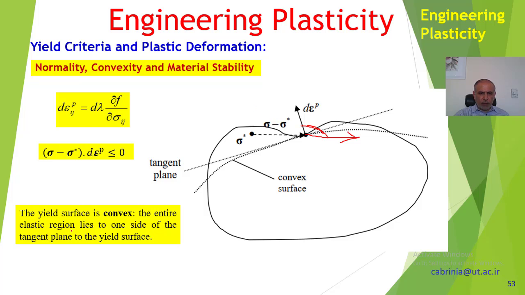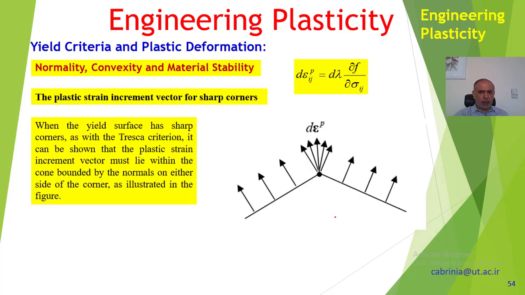Okay, so the entire elastic region lies on one side of the tangent plane to the yield surface if the yield surface is convex, which is the correct one. But if it is concave, as we can see according to the Drucker postulate, this becomes negative and unstable, which is not true for strain hardening materials, which most materials are. Of course, for strain softening we have the same reasoning as well.